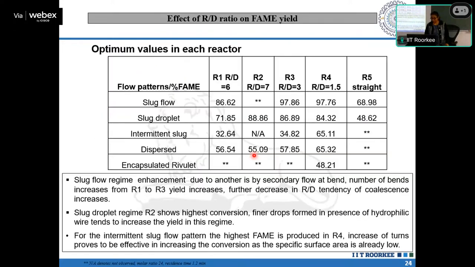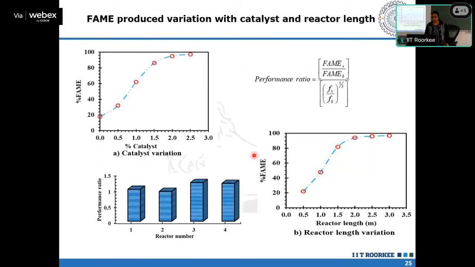If I have some time, quickly I would like to mention that we have done two more parametric variations. One is the catalyst variation. Of course, we need to do the optimization of catalyst. Here we have used 2% of catalyst. We carried out runs from without any catalyst to 2.5 percent of catalyst, and then optimized it.